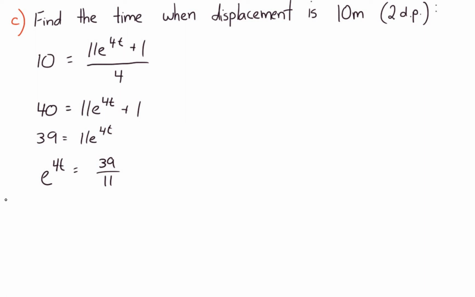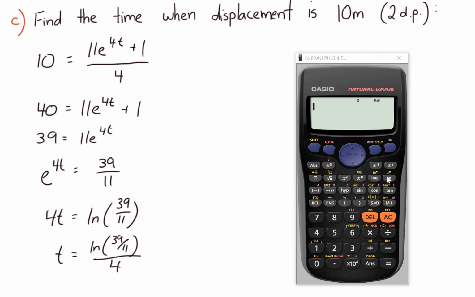Now to undo the exponential, we want to take the log of both sides. When we do that, we have 4t equals the natural log of 39 on 11. And finally, we're going to divide by 4. Alright, once we get to this stage, it's time for the calculator. So, natural log 39 over 11.